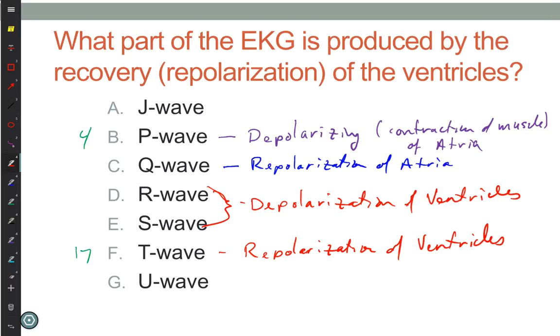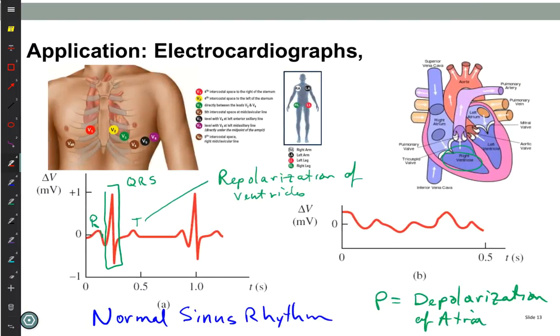Now, I skipped two, the J and the U. Those are not commonly seen. The J wave, if it occurs, is right there, and I think it's principally caused by hypothermia, so it's pretty rare.